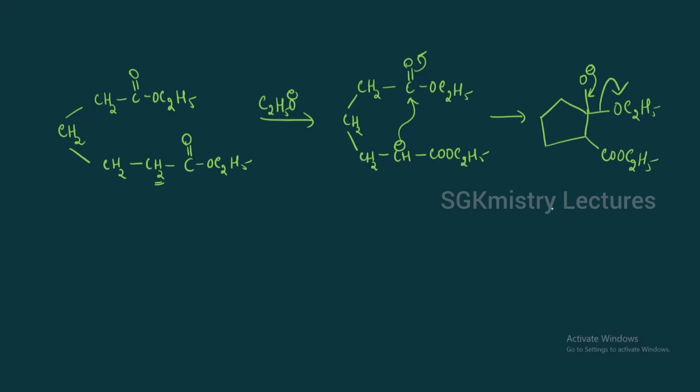This can be removed as a leaving group, that is OC2H5 minus is removed. So you're going to get the 5-membered ring. Now this becomes double bond O. Now this is COOC2H5, right? So this is nothing but the beta keto ester.